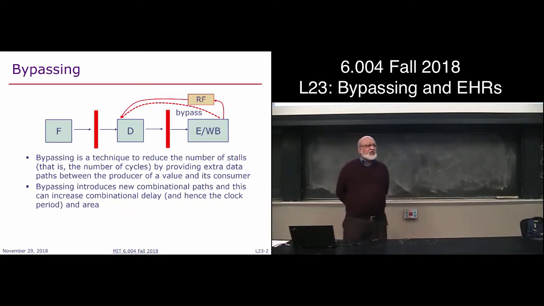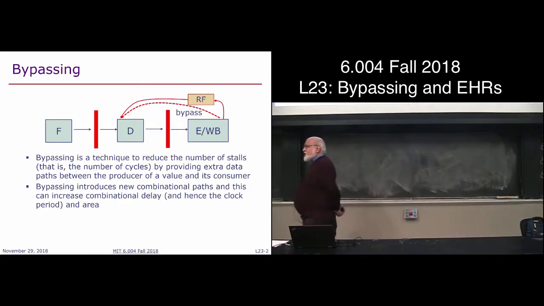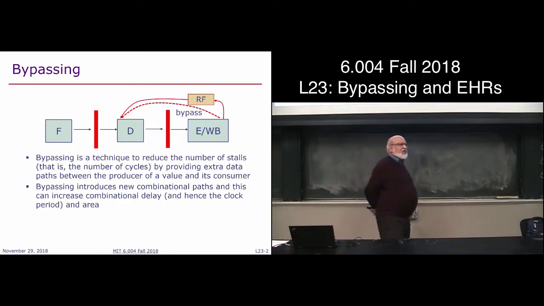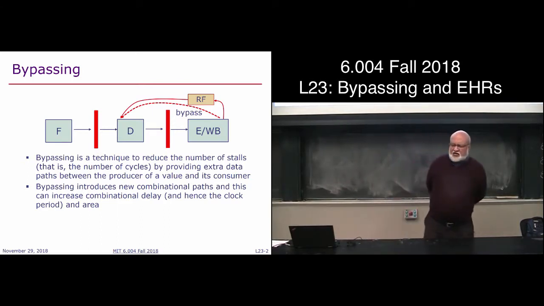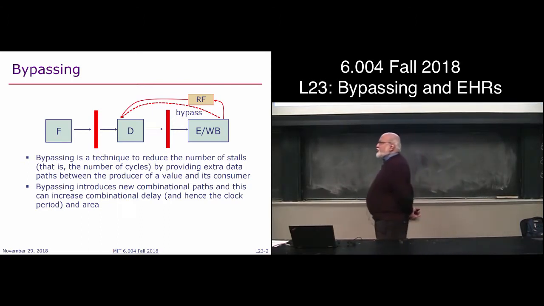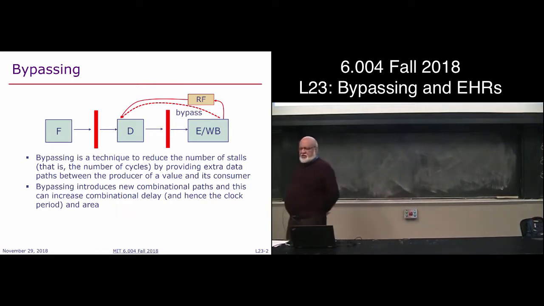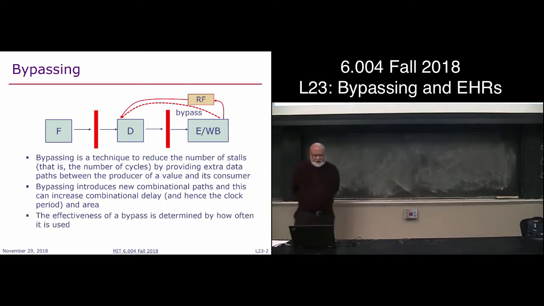And any time you introduce new combinational paths, there is always a chance that that path suddenly becomes a critical path, and therefore your clock period may have to be larger in order to accommodate this bypassing logic. And this is something where intuition really is very hard to quantify without proper tools. So we'll show you some very simple examples of this.